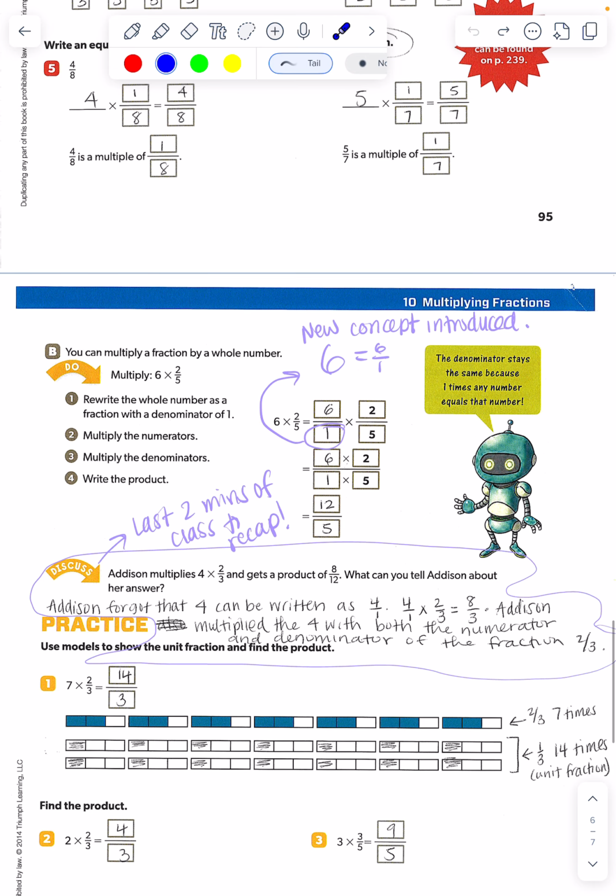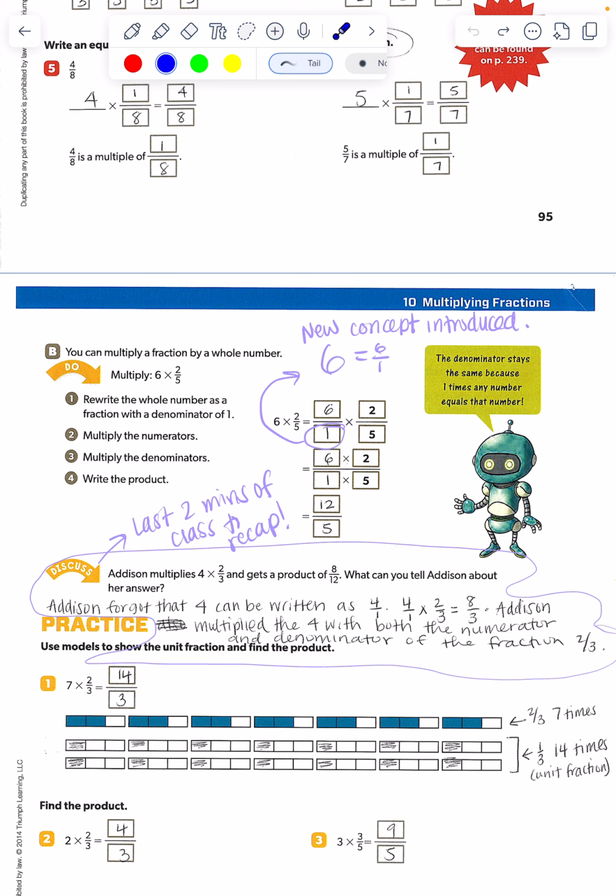This question right here, question B, leaves a space for the denominator. So students already have learned that 6 times 2 is going to give them 12, and they know to keep the denominator of 5. However, with this question right here, it is trying to stamp that it's not that we're just ignoring the denominator of the 6 or that the 6 doesn't have a denominator.